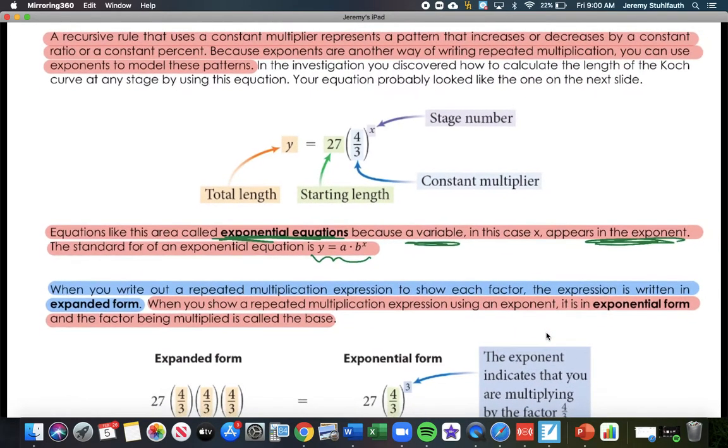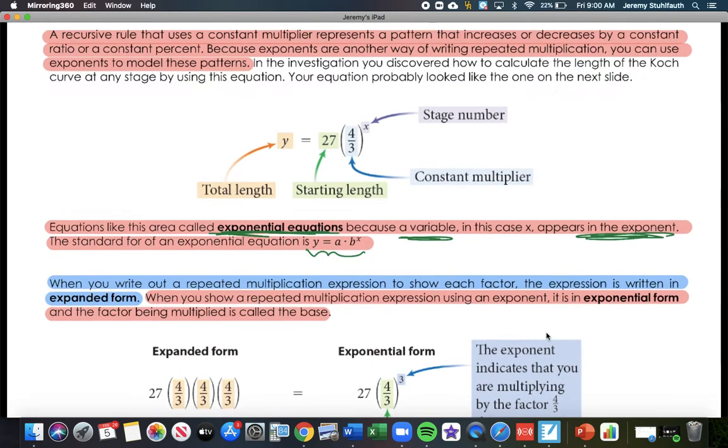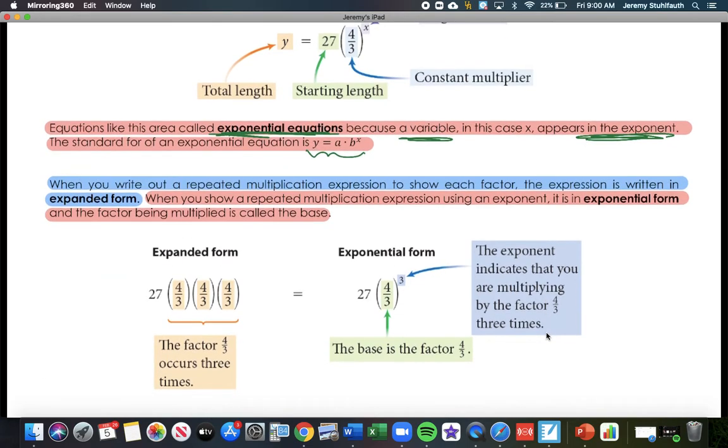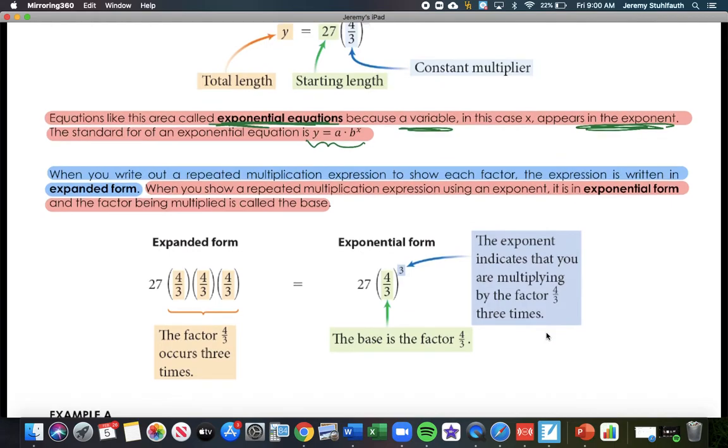Now, when you write a repeated multiplication expression to show each factor, the expression is written in expanded form. So that is what we were doing when we were writing 27 times 4/3 over and over again. And since the factor 4/3 occurs 3 times, we can say that 4/3 is raised to the third power.